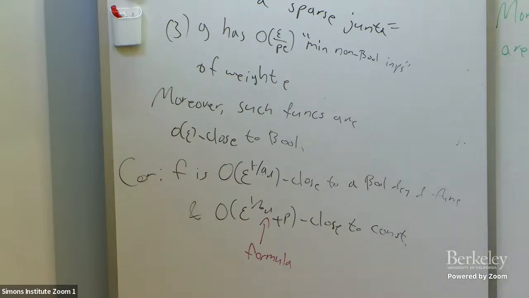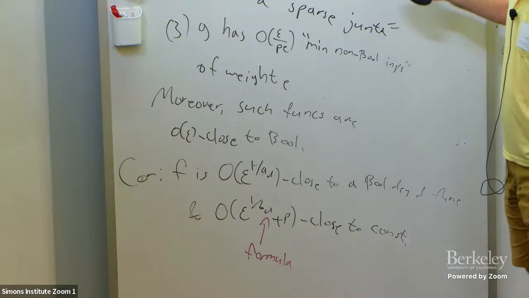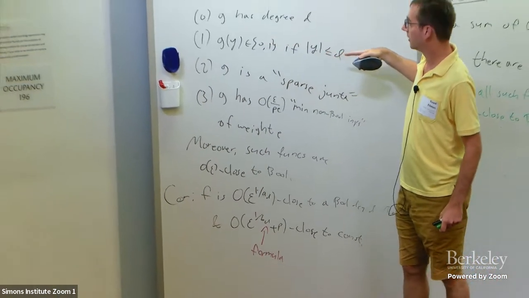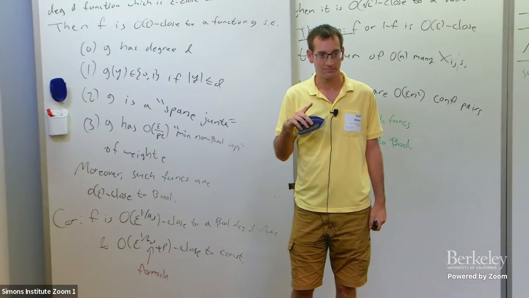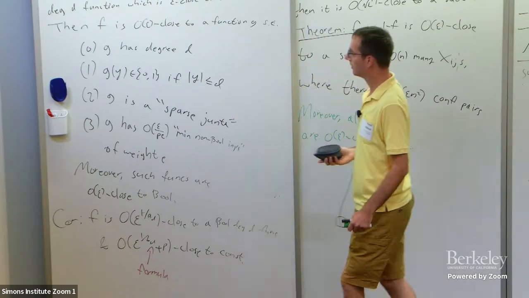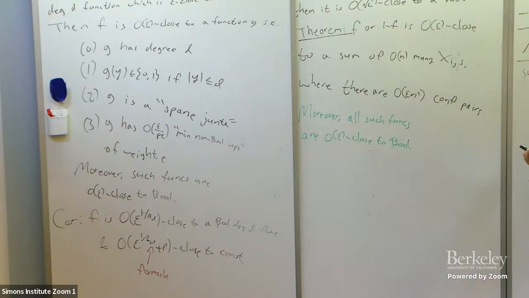Okay, so maybe let me start with the first condition. So what does this tell us? Sorry, condition number 1. So if we look at the expansion of G as a polynomial in the Y's, it tells us that we know what are all the possible coefficients. Okay, so let's take as an example the degree 1 case, with d equal to 1.